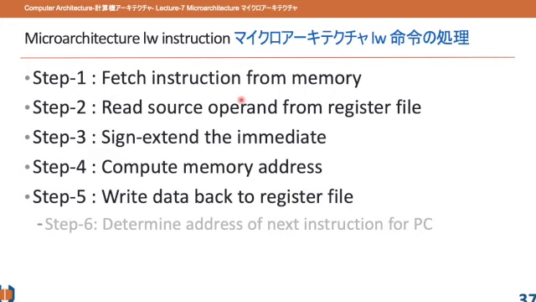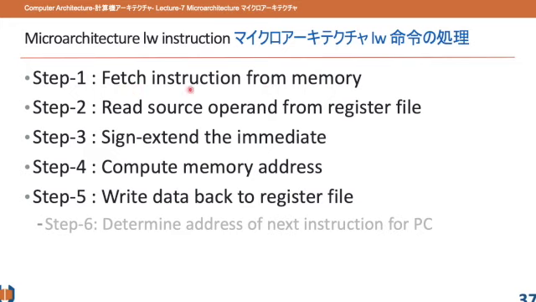Keep in mind, we want to explain the data path for the load word instruction. Before that, you can see what the load word instruction does. It loads data from the memory to a particular register. To do that, we need 5 steps.